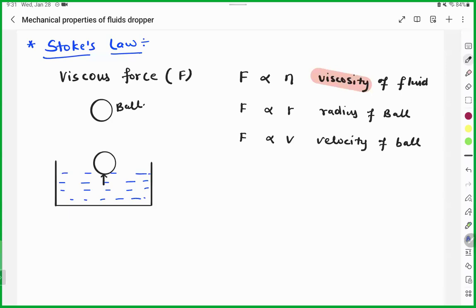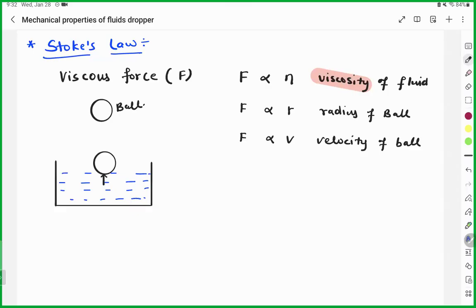Buoyant force, upward force. So what are the factors that decide the viscous or drag force in the upward direction? Three factors: nature of the fluid, size of the body, radius, and speed of the body. For example, if it falls with high speed, the viscous drag force will be less. Correct, Jordan?